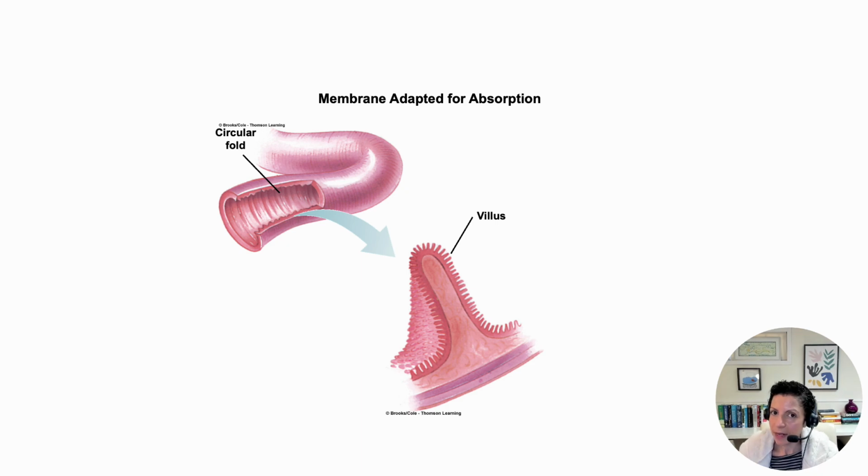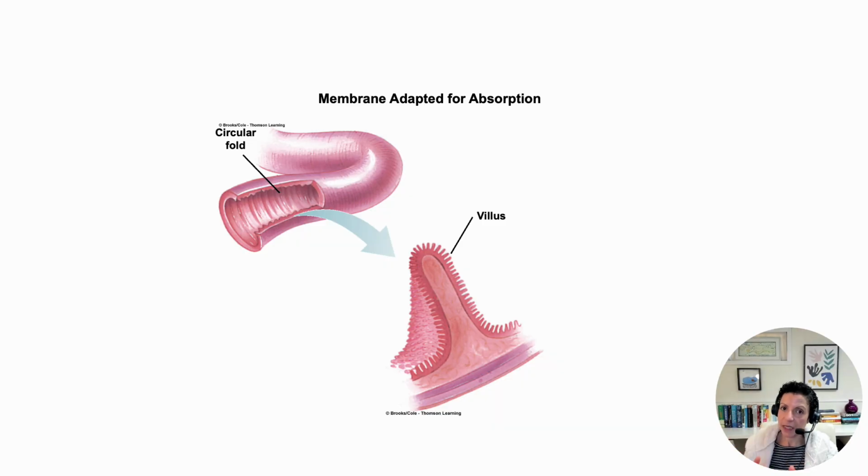We talked about how the small intestine is the length of a tennis court, packaged into a small space in the abdominal cavity. That definitely helps provide a lot of surface area available for absorption. And then when we look at the mucosal lining, we see that it is organized into these tall villi.